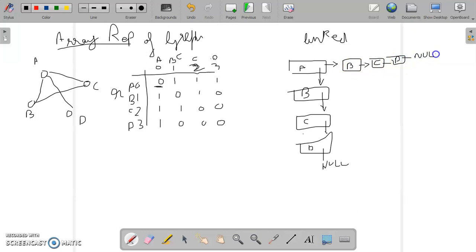Then B has an edge with A. Then B has an edge with C. That's it. Similarly, C has an edge with A and B. So two levels of linked list are there.